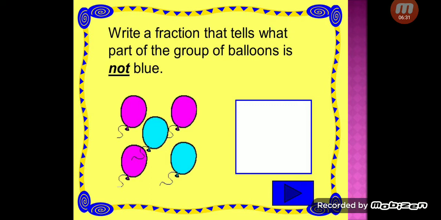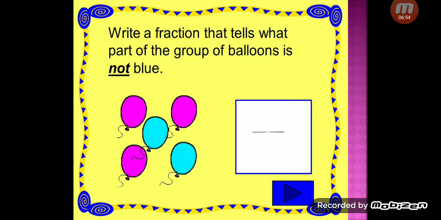And the question is, write a fraction that tells what part of the group of the balloons is not blue. So how many balloons are not blue? There are 3 balloons which are not blue. These are pink. So I have to write a fraction for these 3 balloons. Okay. So what will I do?